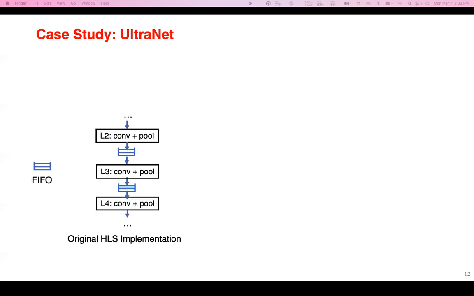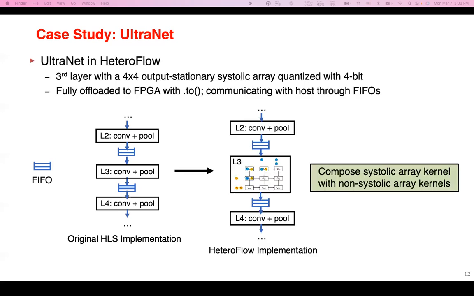UltraNet is an object detection neural network, and it is the winner of the DAC SDC Contest 2020. There are 9 layers in total in the network. The original HLS implementation does not employ a systolic array. In the HeteroFlow implementation, we replaced the 3rd layer with a 4x4 output systolic array, quantized with 4-bit.